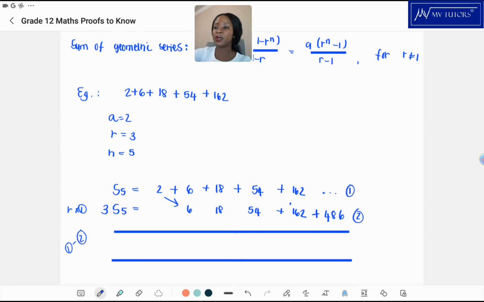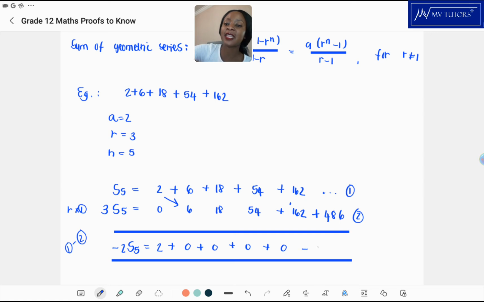In so doing, 1 minus 3 gives me negative 2 S5. Then 2 minus 0 over here would be 2. And then 6 minus 6 would be 0, so I have 0, 0, 0, 0.